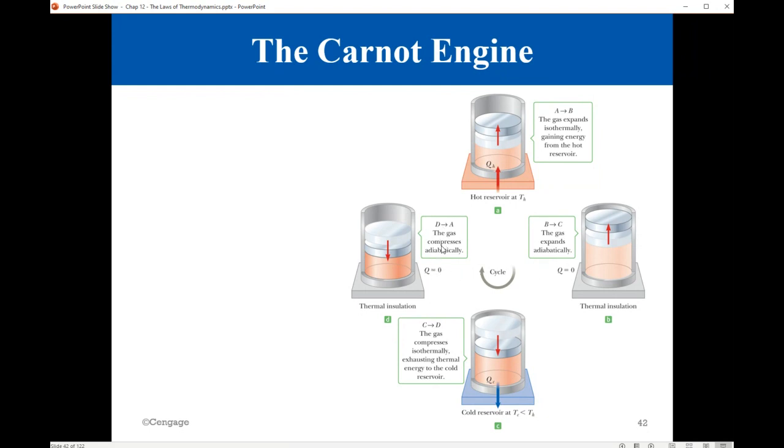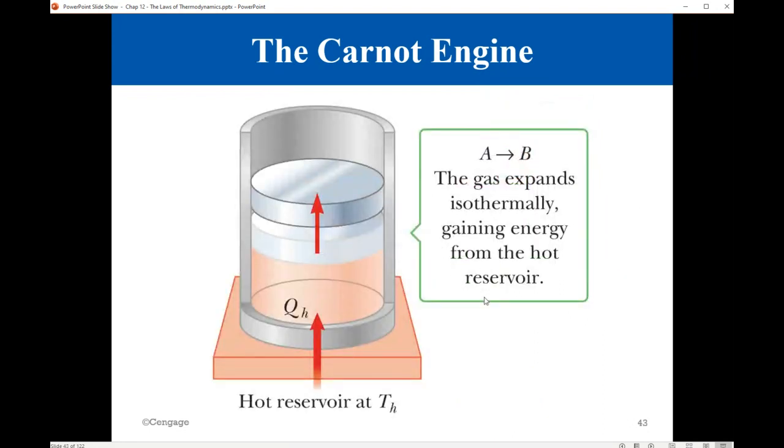It does that adiabatically here. These 4 states are outlined in more detail here so that we understand this Carnot engine.